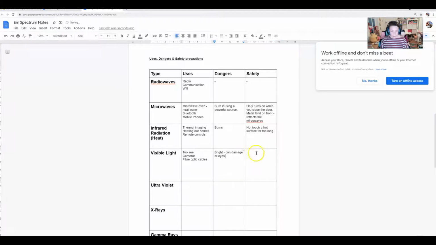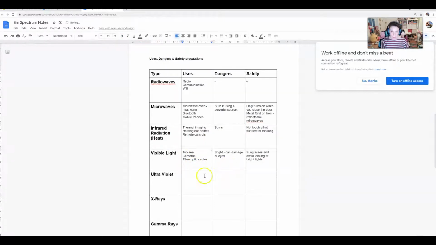Okay, so we wear sunglasses and avoid looking at bright lights. Okay.